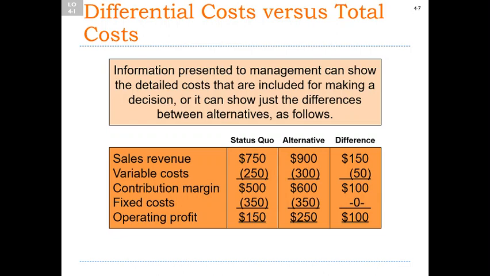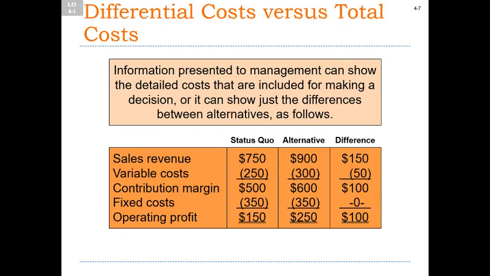And what you have in the difference column is the differential revenue and costs. And of course, costs that don't change are simply noted as zero difference.